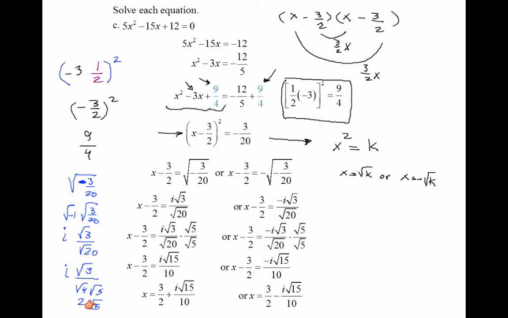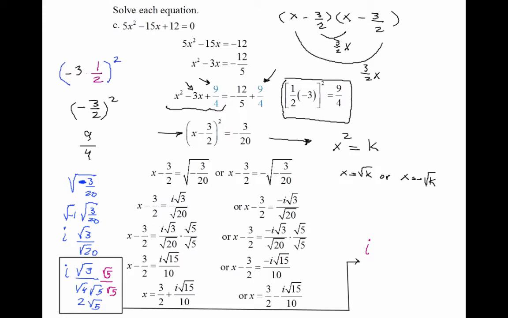So we do need to eliminate this radical 5 though. We cannot have radical 5 here. In order to eliminate radical 5, we need to multiply top and bottom of the fraction by radical 5 over radical 5. If I do that right here, radical 5 over radical 5. What do we have so far? We have i at the top of the fraction. We have radical 3.